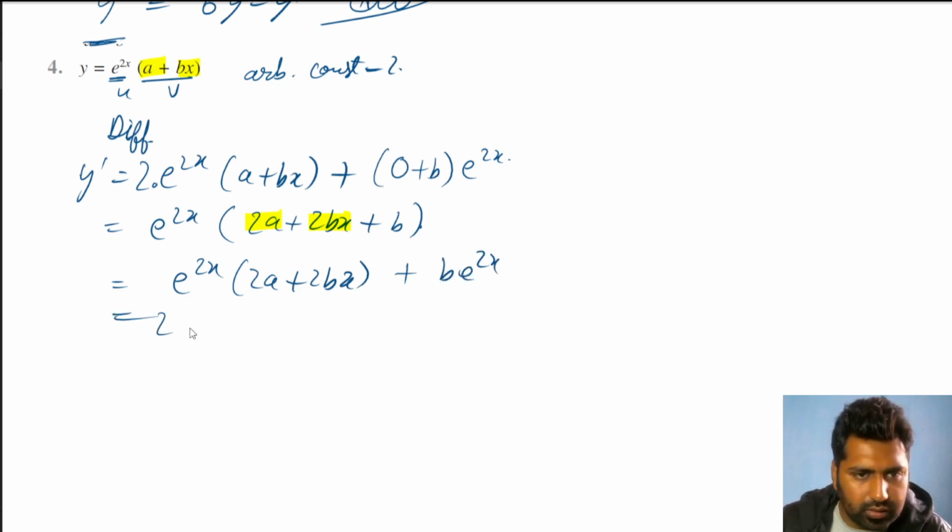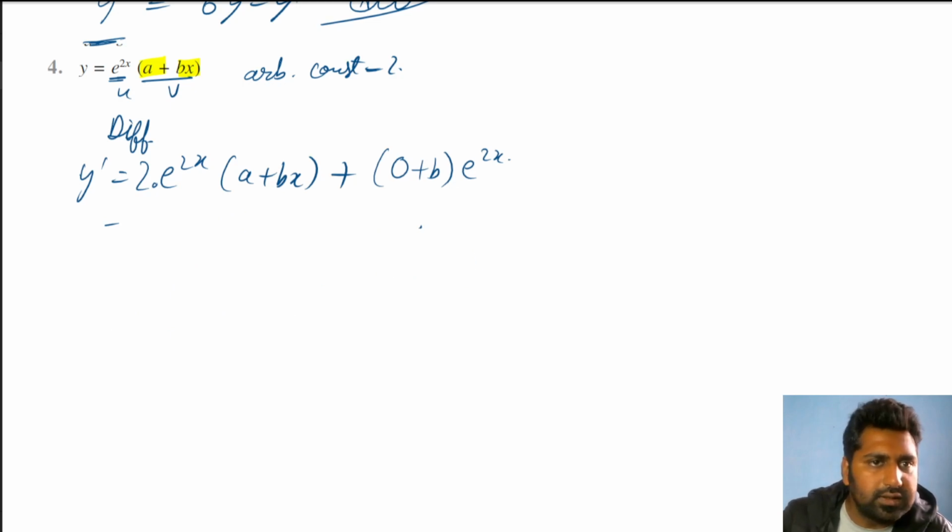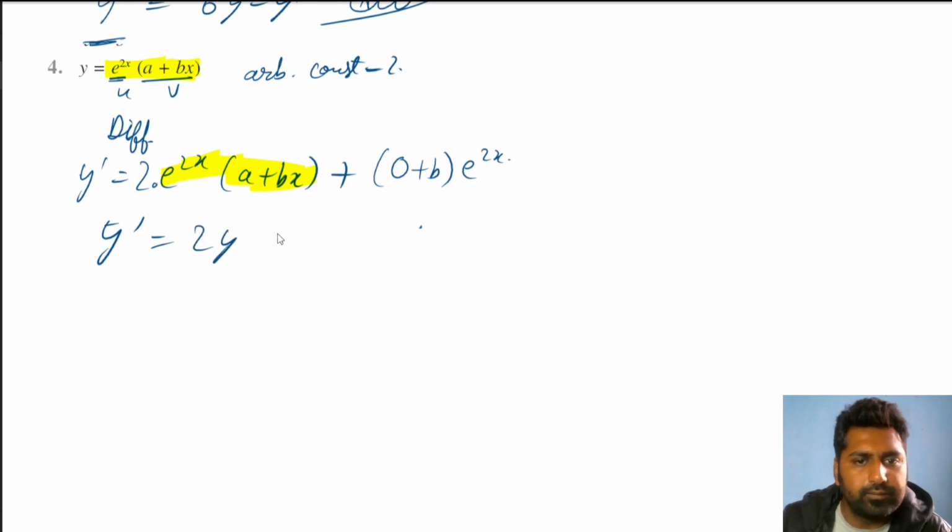Now take 2 also common with e raised to power 2x. Oh wow, that we could have done earlier also. This whole thing, e raised to power 2x (a plus bx), was from the beginning y. So we could have directly written y dash is equal to (2y plus b) into e raised to power 2x.